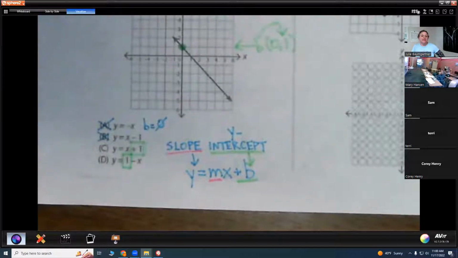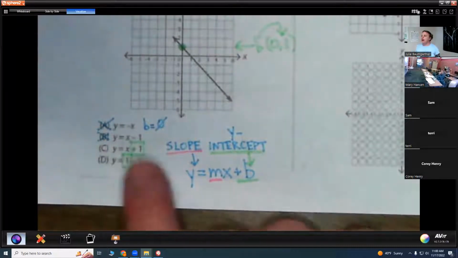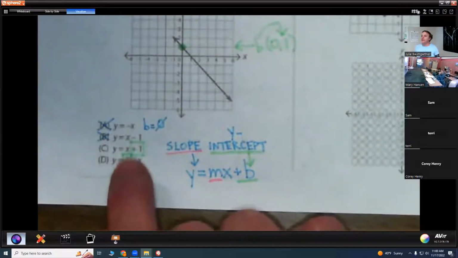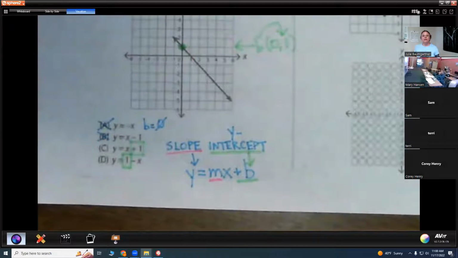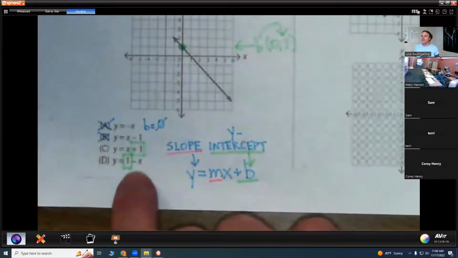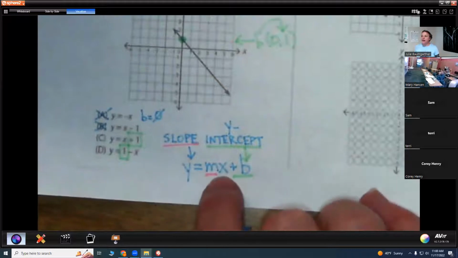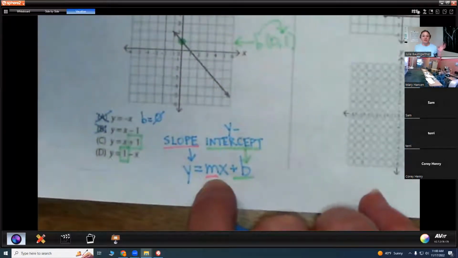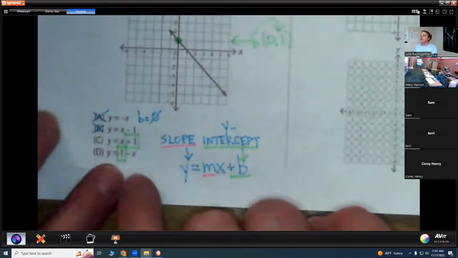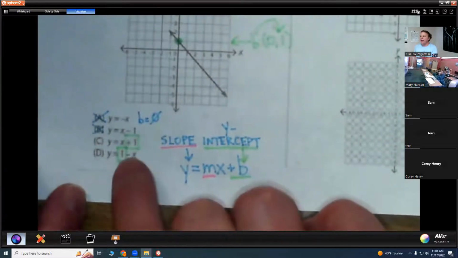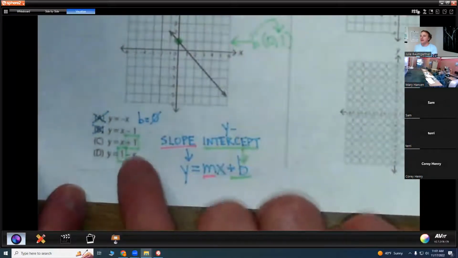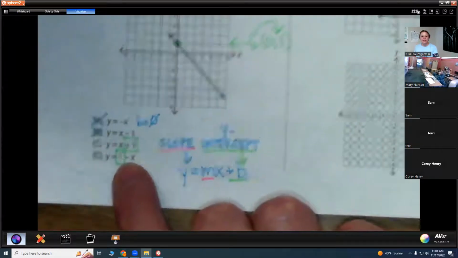Do you think that means that the slope is positive or negative? Negative. So that means, what's our answer, C or D? D, because X is negative. So whenever X is hanging out by itself and there's not a number next to it, that's our official M, that means M is 1. And of course here, M is -1. Does everyone see that?